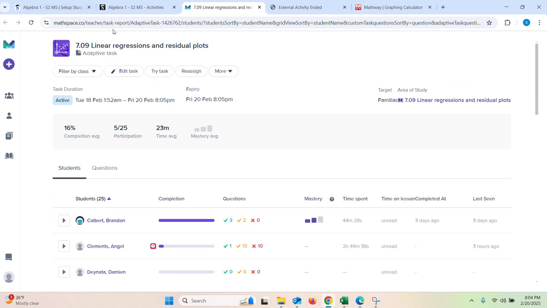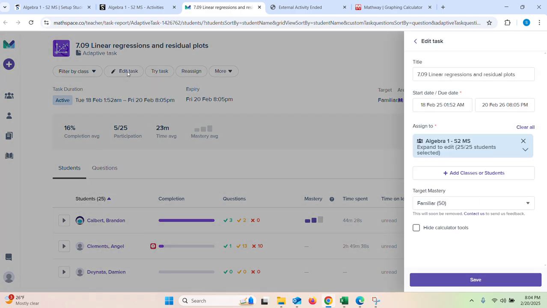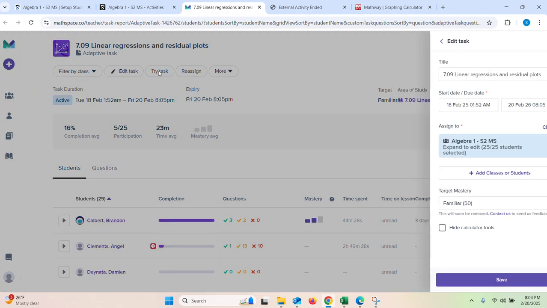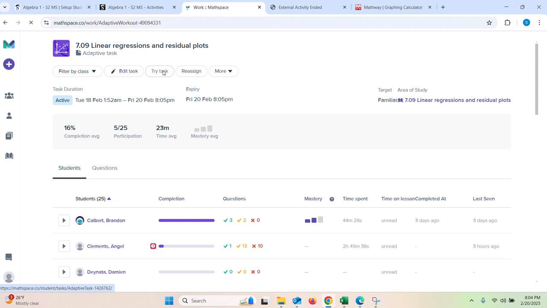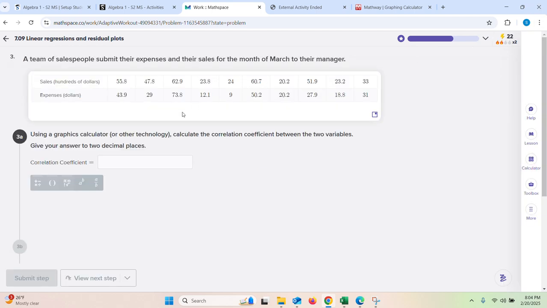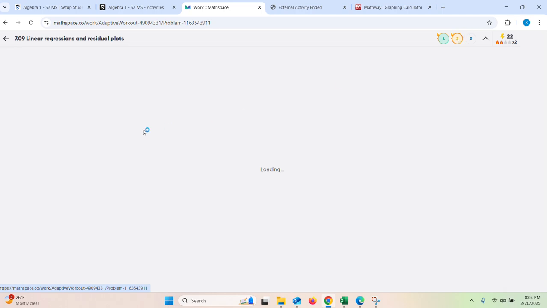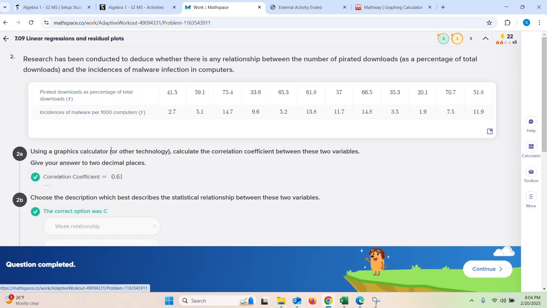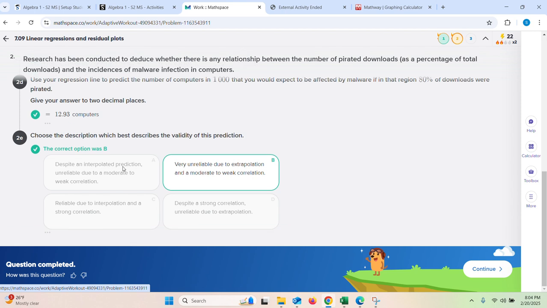Oh, we don't want to see people. Okay, edit task. No, not edit task. Sorry about that. I'm trying to learn how to navigate. Okay, good deal.